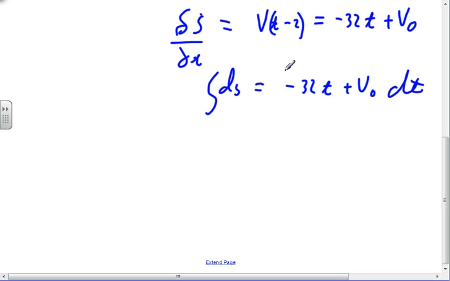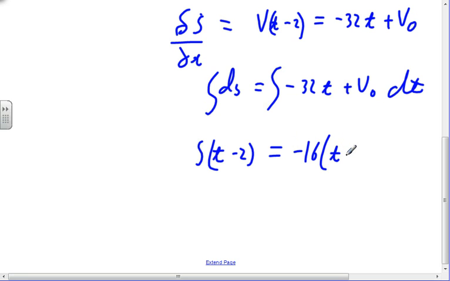I integrate both sides, and I get position at time t minus 2, because I take off later, equal to minus 16 (t minus 2) squared plus v naught (t minus 2) plus the initial condition, which is the initial position, which is 0.